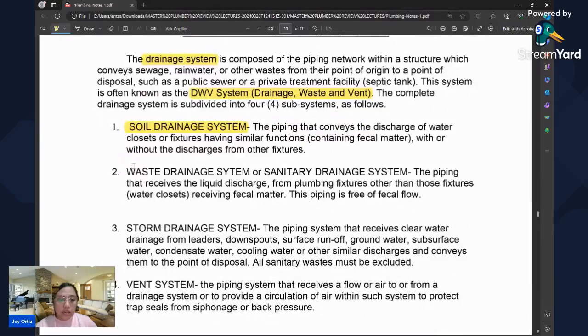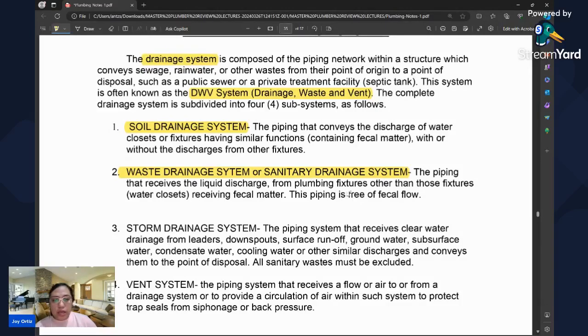Next is the waste drainage system or sanitary drainage system. It is the piping that receives the liquid discharge from plumbing fixtures other than water closets receiving fecal matter. The piping is free of fecal flow.